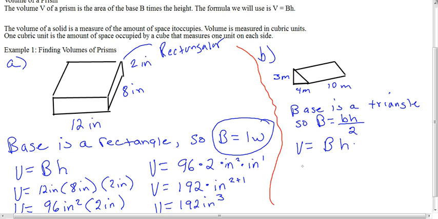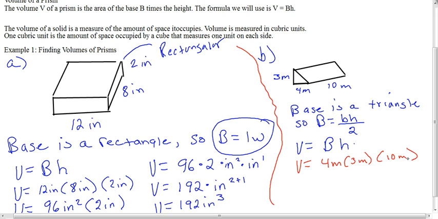So let's get to work with this. So we've got V is equal to 1/2 the base times height, or base times height divided by 2. So I'm looking at a base of 4, and it's showing me that this triangle is 3 meters high. So I have 4 meters times 3 meters, and then of course the whole prism is 10 meters high.